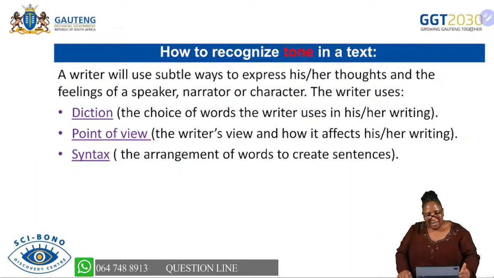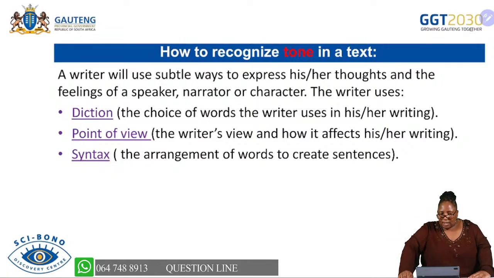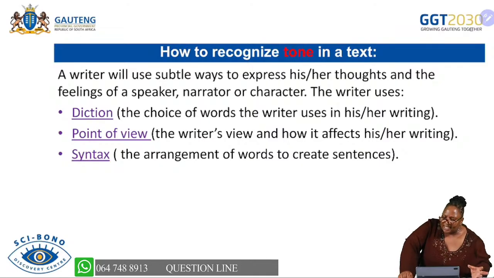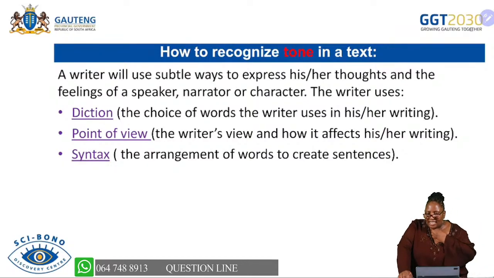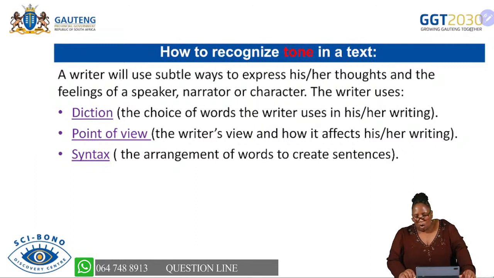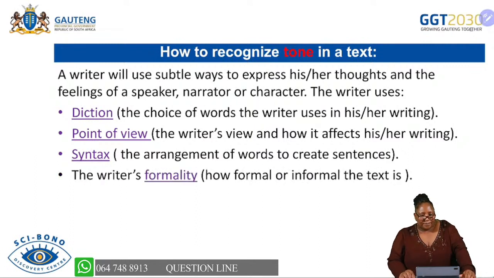You also become very close with the young man, because it's in the middle of the night, the parents are sleeping, and he disrespectfully comes in their room and demands food. So the choice of words the writer uses, the writer's view and how it affects his or her writing, the arrangement of words to create sentences. That's how we recognize tone.